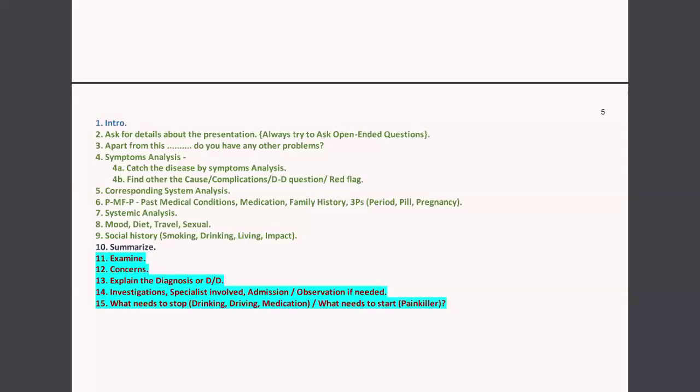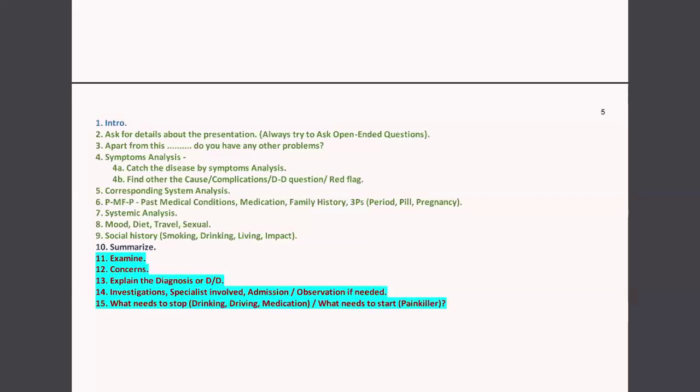So allow the patient to tell it herself, and give him or her some time to elaborate the complaint.